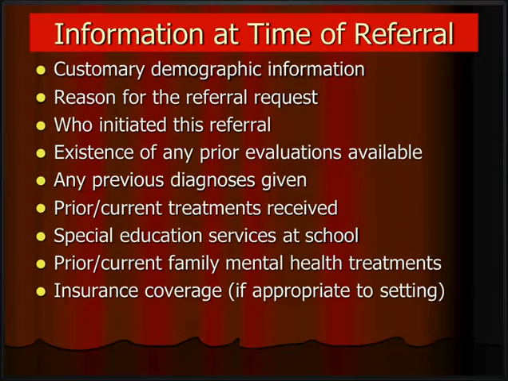Often we have secretarial staff or other clinic staff gather this information from the family at the time the phone call is received, such as demographic information, the reason for the referral, who initiated the referral and why, the existence of any other evaluations that might have been received in the past, and getting permissions to release those evaluations for this current evaluation, any previous diagnoses that the individual has received and what they are, and then, of course, has the child or family received any prior treatments, or are they currently receiving any treatments for various mental health disorders.